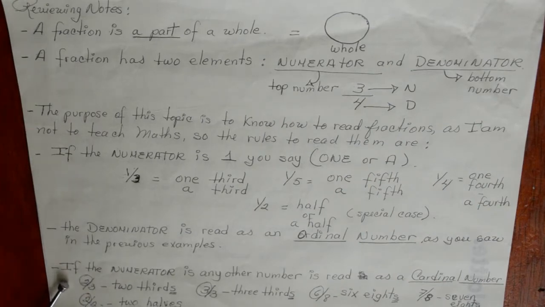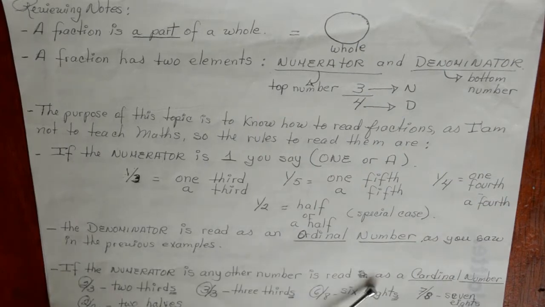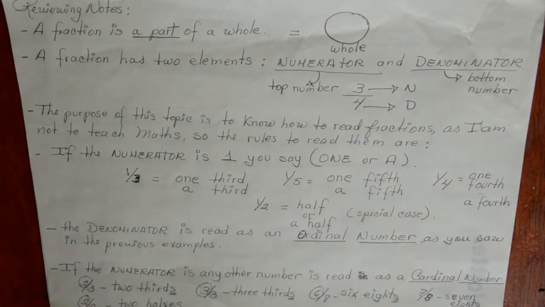2. If the numerator is any other number, not only 1, it is used as a cardinal number. What's that? A cardinal number is any number that you usually use: 1, 2, 3, 4, 10, 20, whichever.